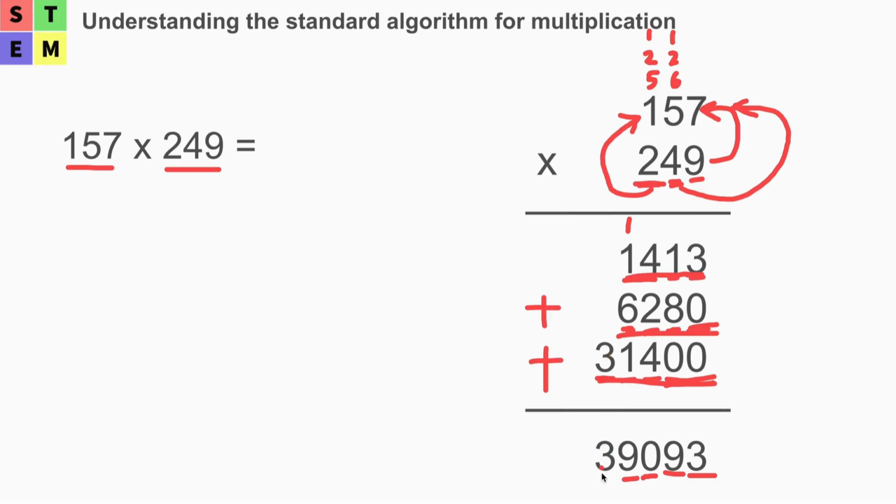And then we got 3 here. So the final result is 39,093.